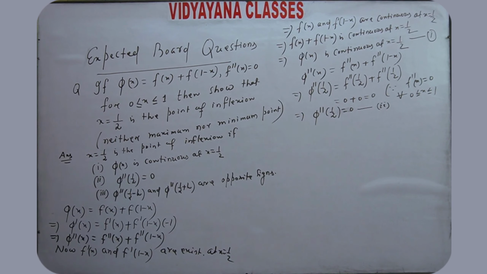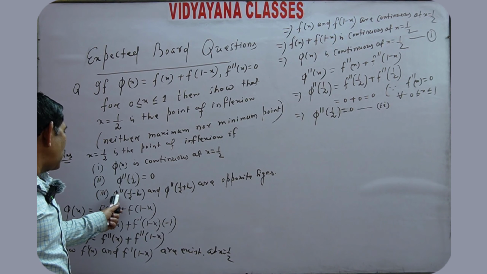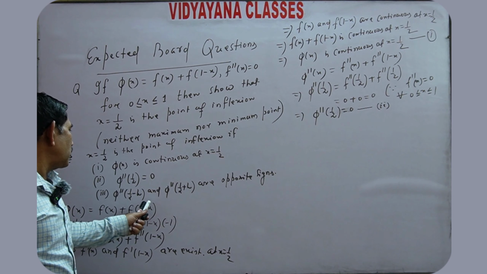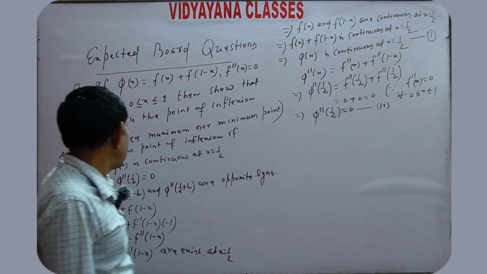Third condition. What is the third condition? Phi double dash (half minus h) and phi double dash (half plus h) are of opposite signs.